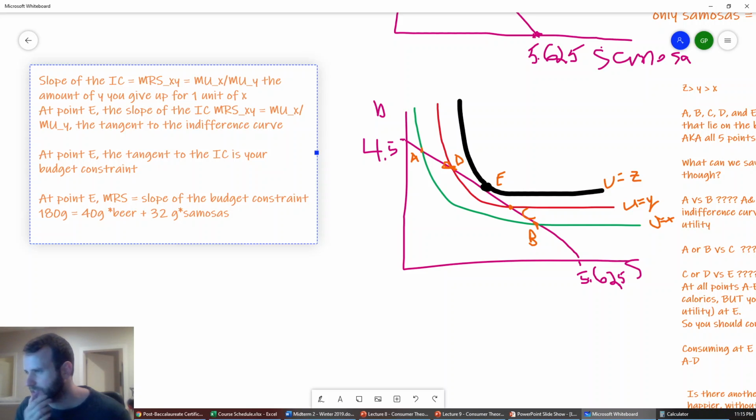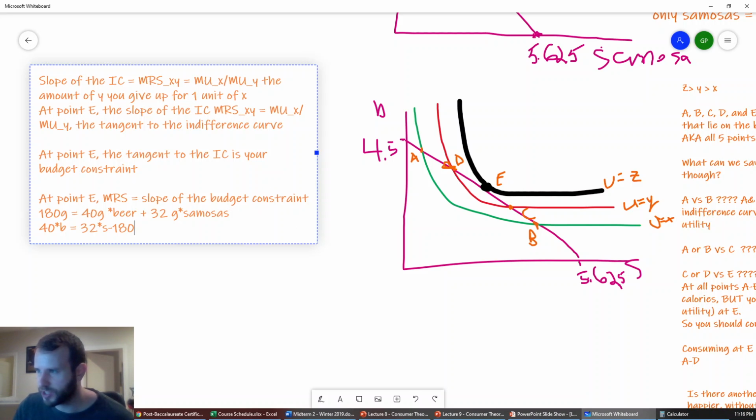Beer is on the y-axis, samosas on the x-axis. If we were writing this in slope-intercept form, let's just say 40 times b is equal to 32 times s minus 180, for the sake of simplicity.